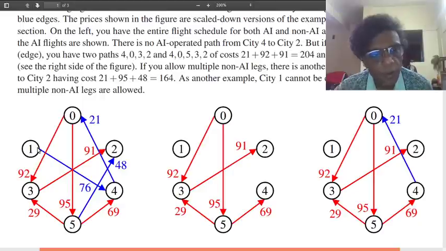For example, from 1 to 4, a non-Air India flight, maybe Jet Airways or Indigo, operates from 1 to 4. And this cost is something like 76. So non-AI flights are shown by blue directed edges, and the ticket prices are shown against each edge.